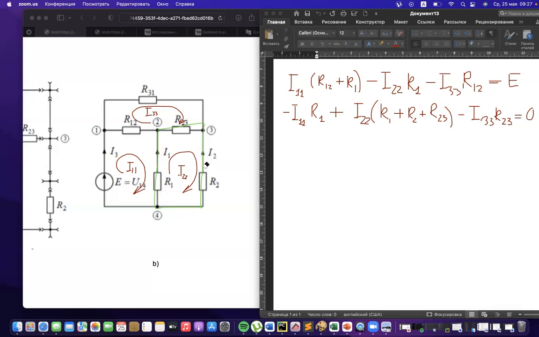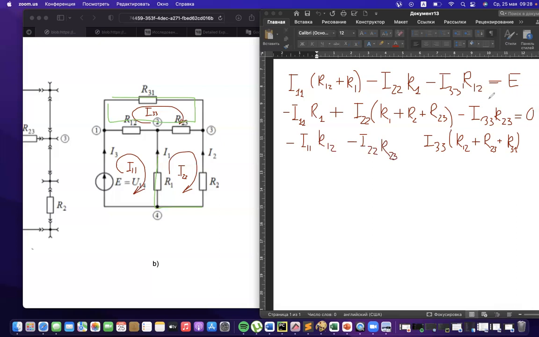And the last mesh, the last equation for the upper part here, you're writing your own internal current I33 multiplied by all resistors that you have, and minus both currents that are common for these resistors, R1, R2, and the current connected with the resistor R23.